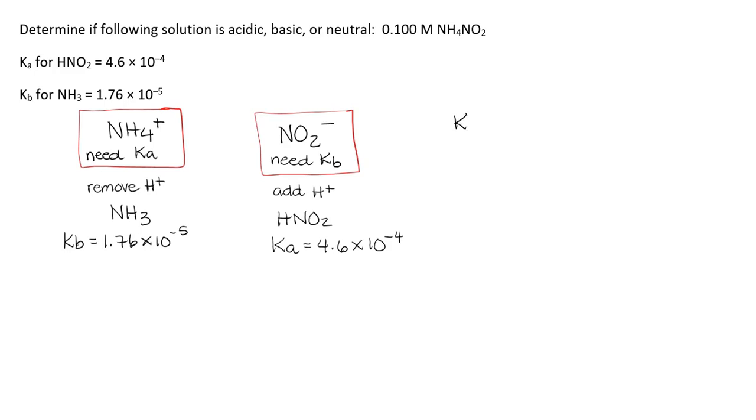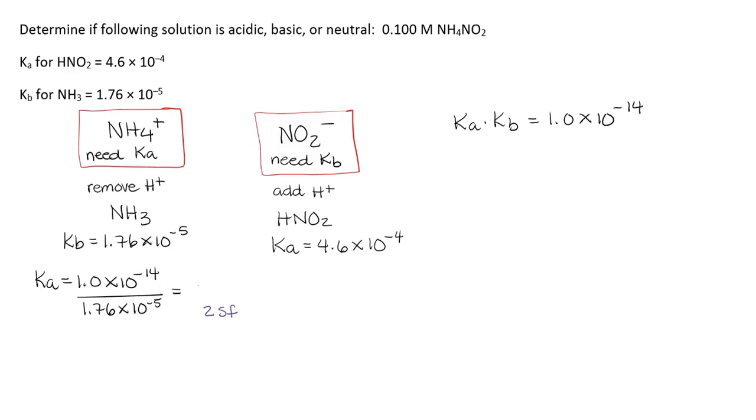So for both of these calculations, we'll use Ka times Kb equals 1.0 times 10 to the negative 14, and rearrange it as needed. So for the cation, we want to calculate Ka, so we have Ka equals 1.0 times 10 to the negative 14 divided by 1.76 times 10 to the negative 5, rounding to 2 sig figs, gives us 5.7 times 10 to the negative 10.